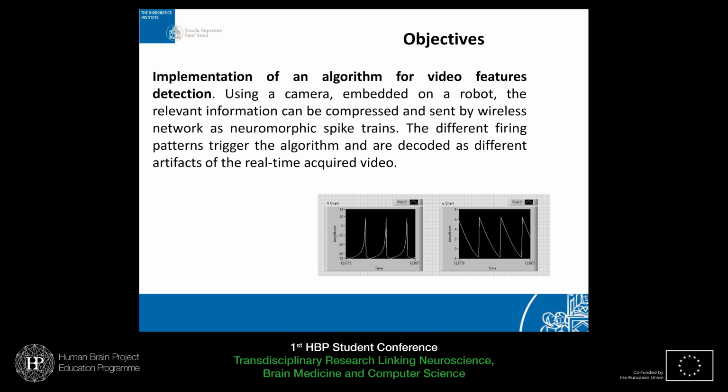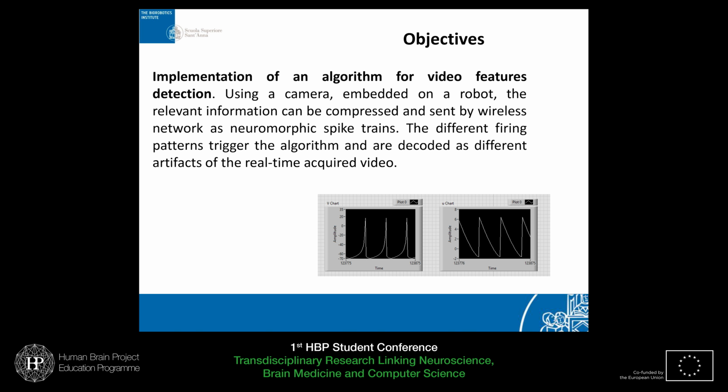In this way, the information will be compressed and we will have reduced and lighter data packets that can be transmitted with different protocols to other devices. This basically mimics the ganglion cell dynamics. As you know, the ganglion cell is the last cell in the visual chain in the retina, and it can transmit information through spiking rates.